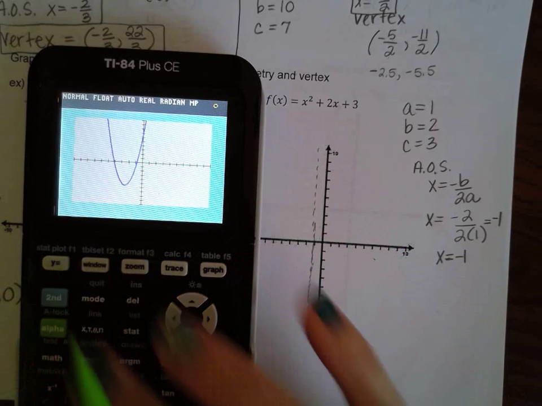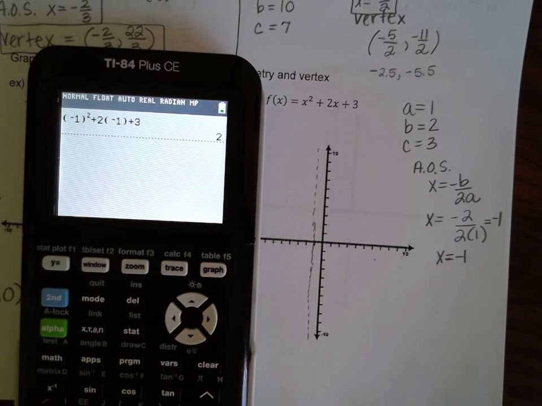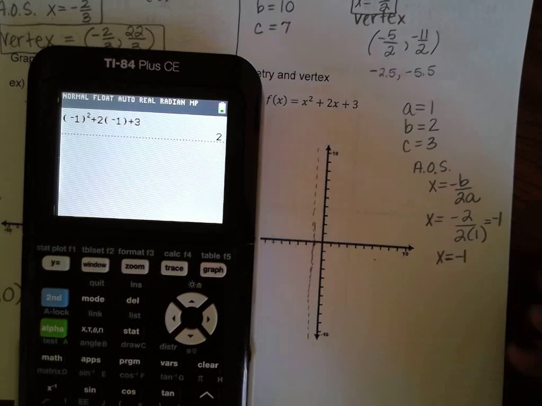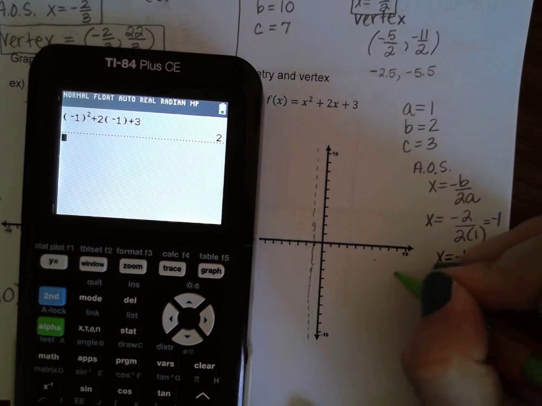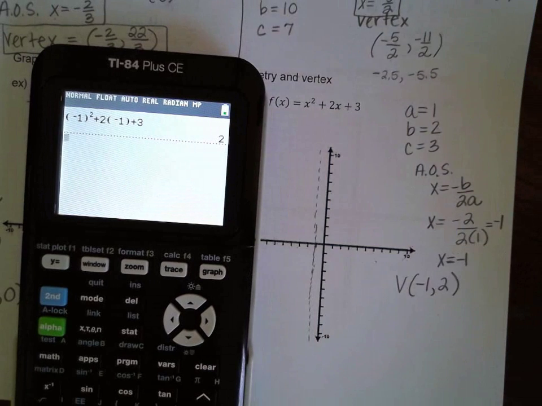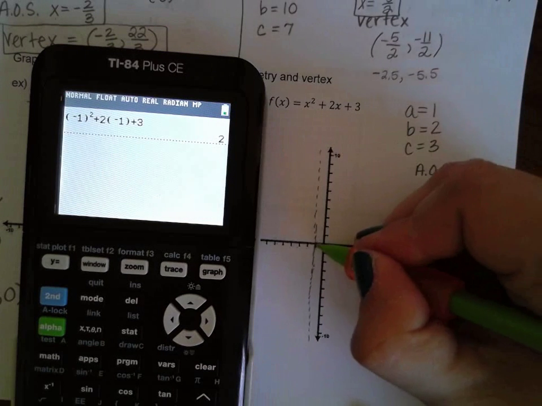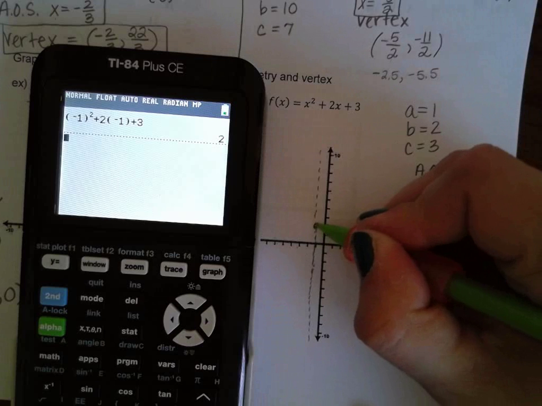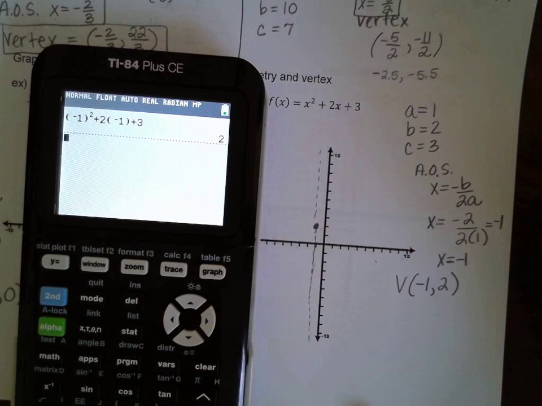Oops. Back out of that. And then hit enter. And we get 2. So if we put these together, your vertex will be -1, comma 2. So you go over 1 and up 2. That's your vertex.